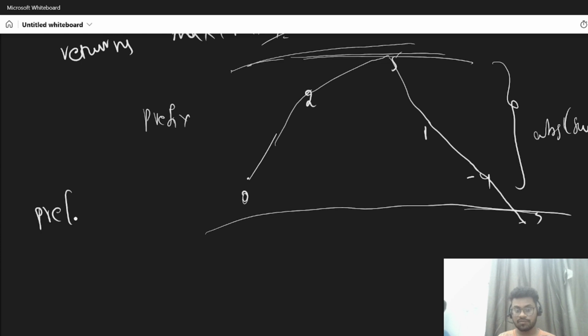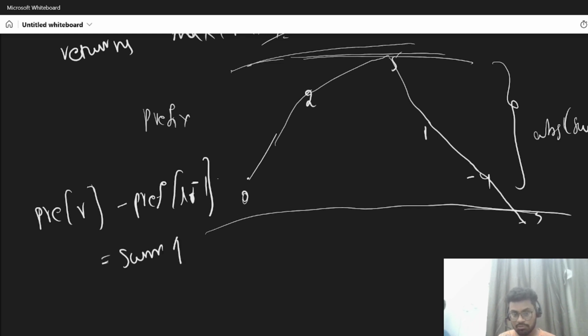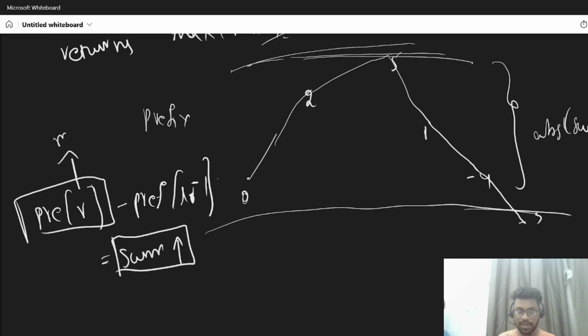We are using prefix of r, which is the rightmost index, minus prefix of l minus 1, will be our sum. So if you want this sum to be the maximum, we need to maintain that prefix of r should be max, and prefix of l minus 1 should be as far as the minimum, so that when you do subtraction, the sum that we get will be the maximum, right?